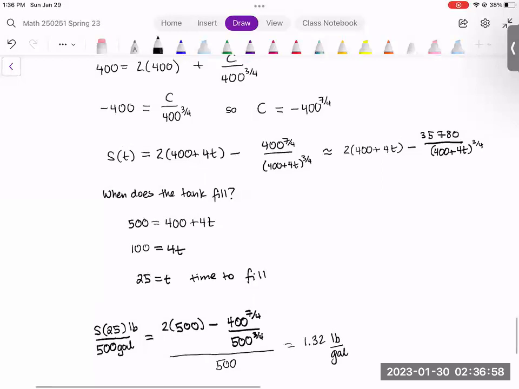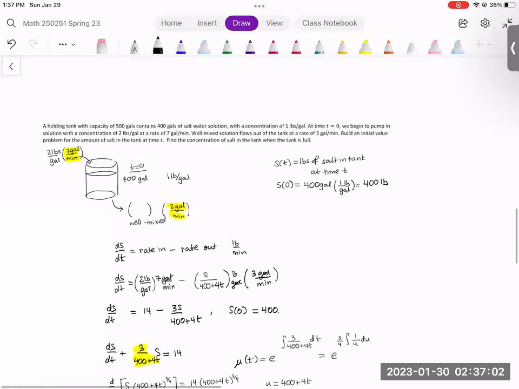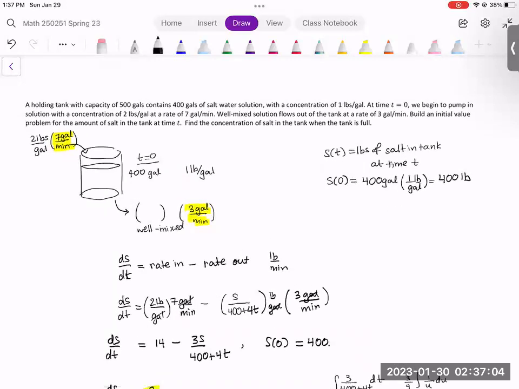Okay, if we take a look at what we started with, our initial concentration was 1 pound per gallon, and then we're adding in this new concentration of 2 pounds per gallon. And so we expect to see something in between 1 and 2.